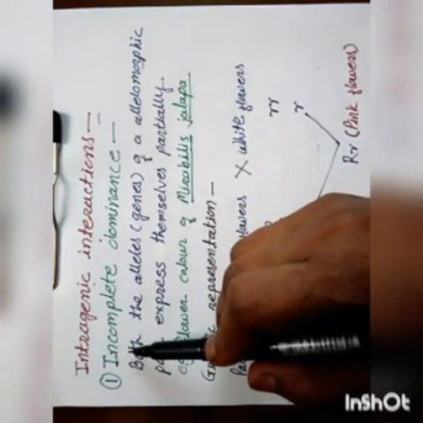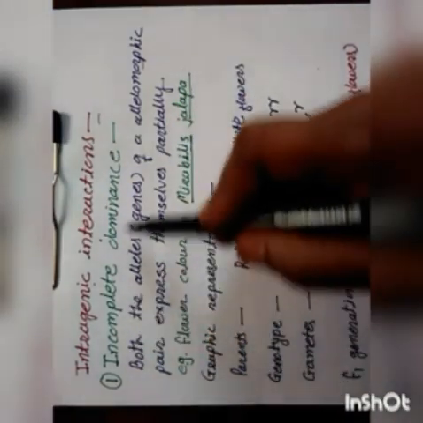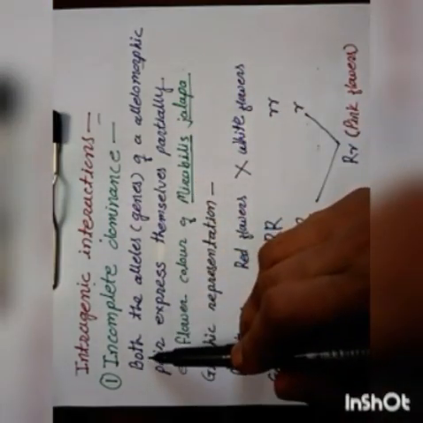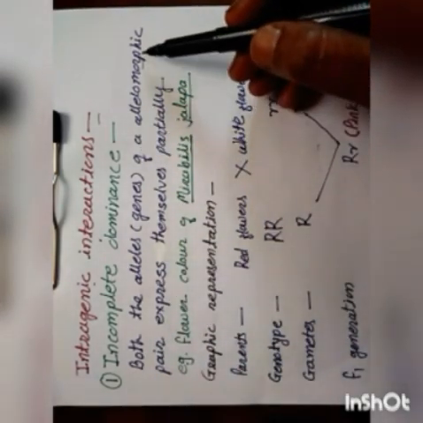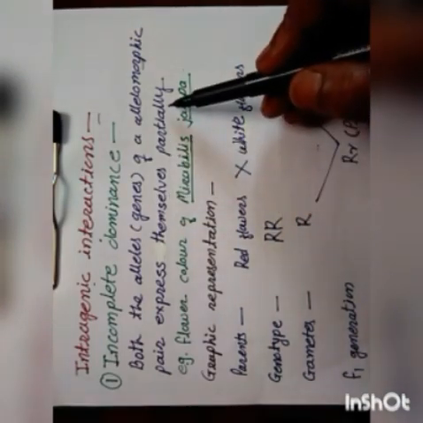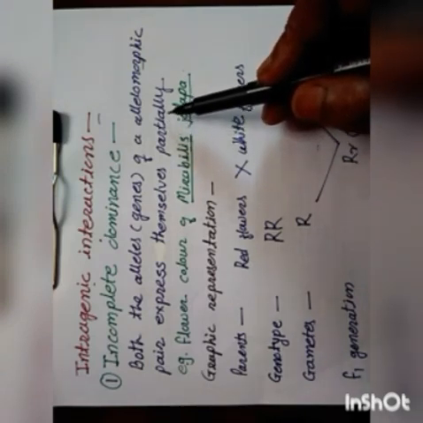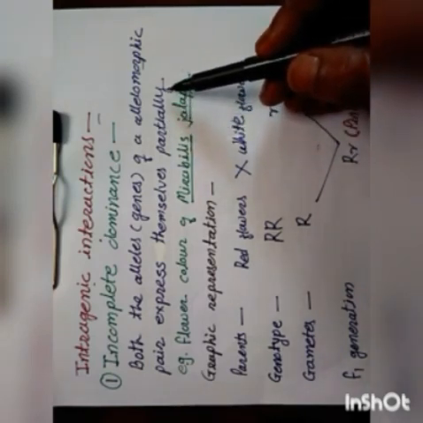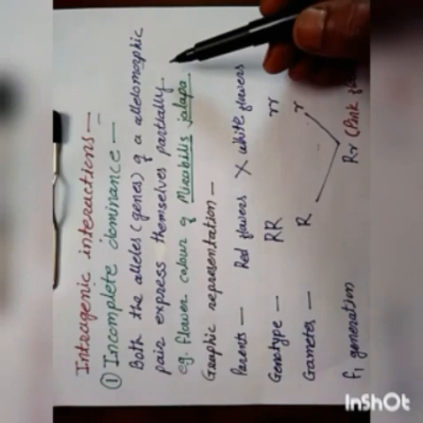The first example of intragenic interactions is incomplete dominance. In incomplete dominance, both the alleles of an allelomorphic pair express themselves partially. It means in this case one allele cannot suppress the expression of the other allele.